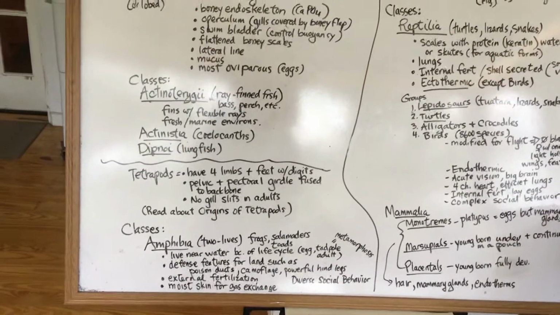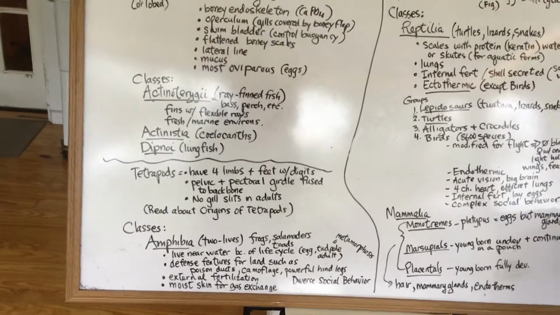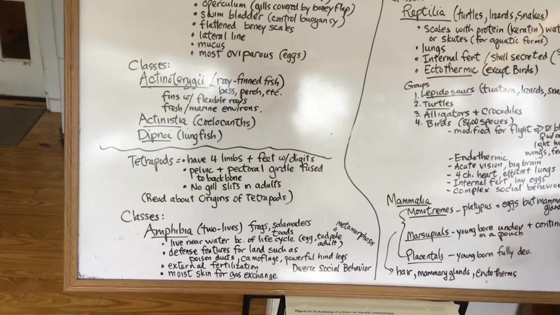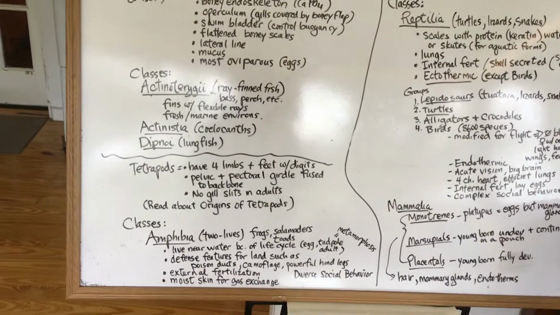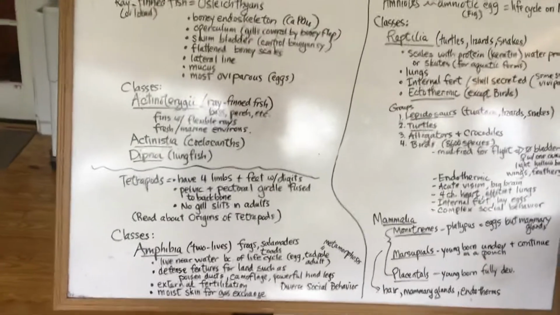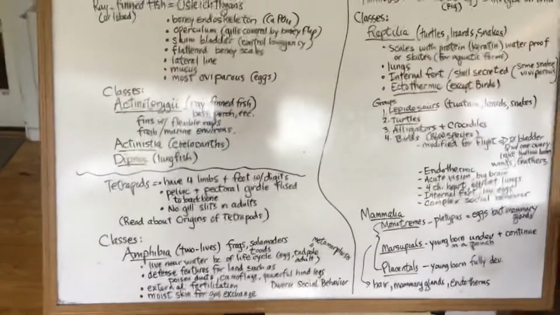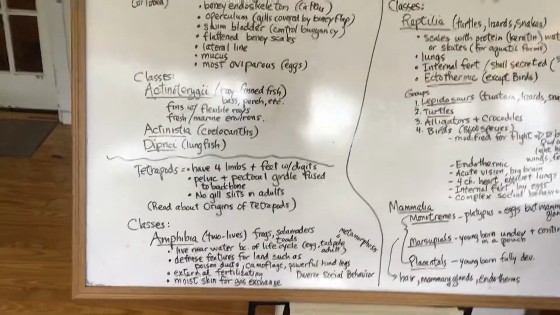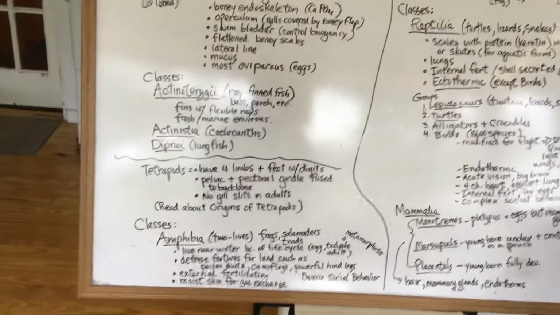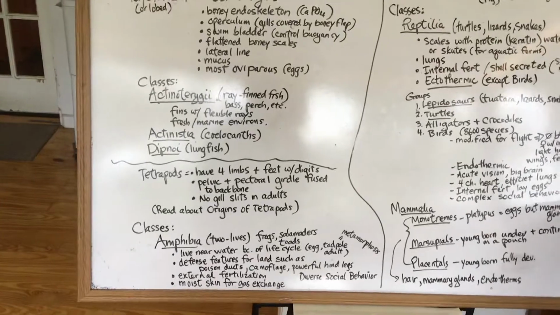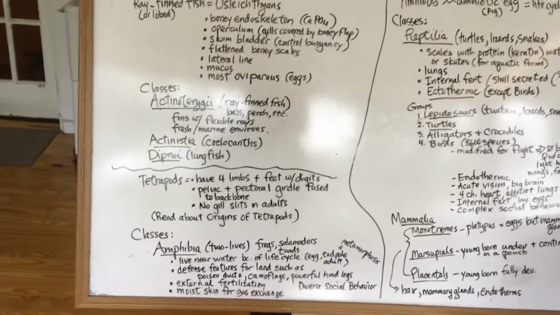They have external fertilization, which is why they need moist environments, and they have moist skin for gas exchange. Generally, frogs, for example, do have lungs. The amphibia also have very diverse social behavior, including calls and mating rituals.